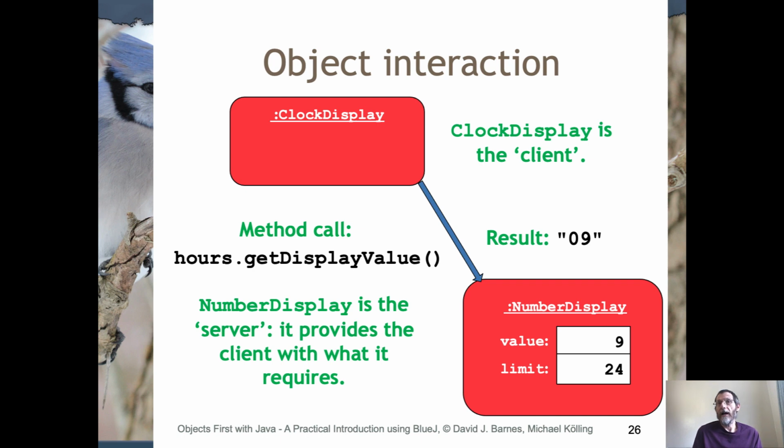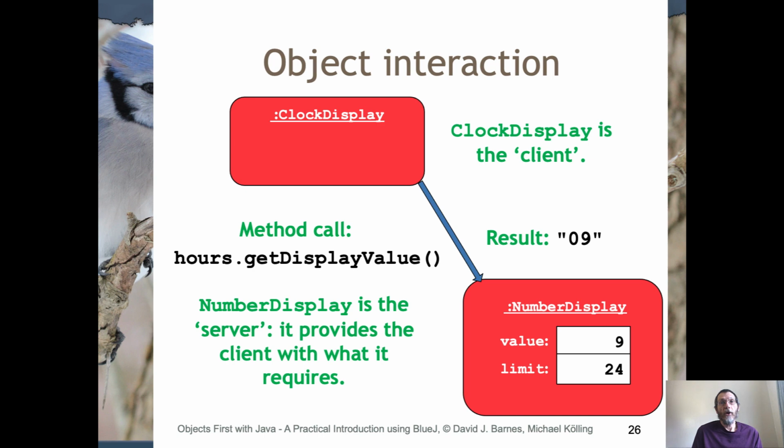that's storing the hours. So the clock display class defines a field called hours, and we can then call getDisplayValue on the object referenced by the particular instance variable hours in this case, in order to get a string back, a 2-digit string that stores the current hours value.